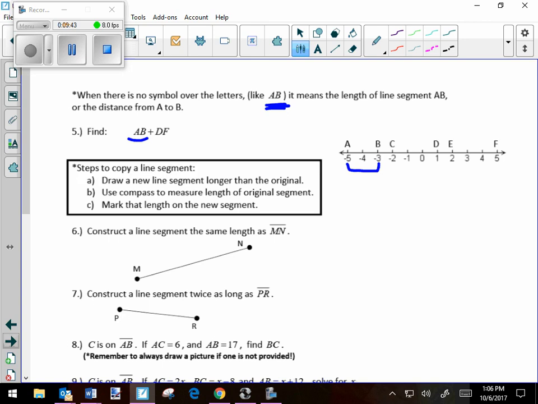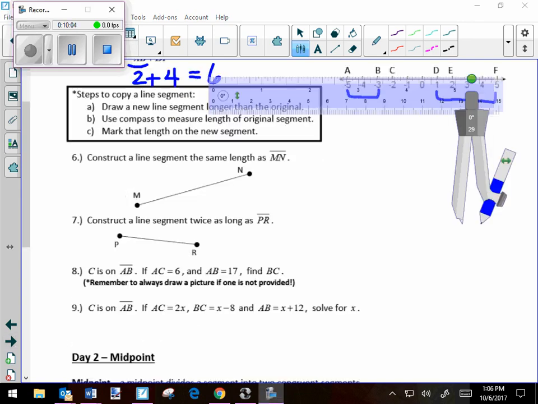A to B or B to A is still 2 units. When they ask me to add that to the distance from E to F, if I was to count that, I would have 4 units, giving me a total of 6 units if I was to put those together. So it's very important that you remember when there's no symbol over it, there's a numerical answer.